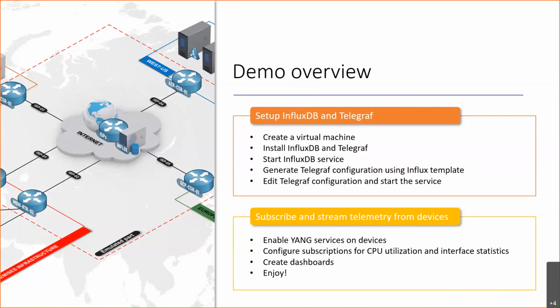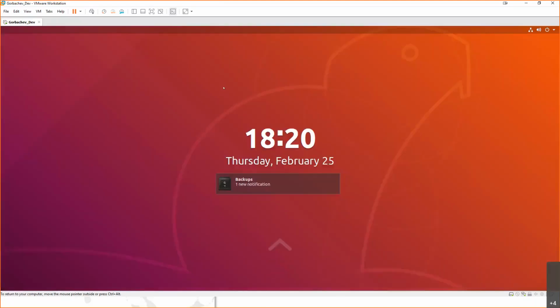After, we will make some simple configuration on Cisco devices to monitor the CPU utilization and some interface statistics. And in the end, we will create a couple of dashboards and probably we will enjoy them. I hope so. All right, so that was a really brief introduction to streaming telemetry as a concept. So let's jump to the demo.